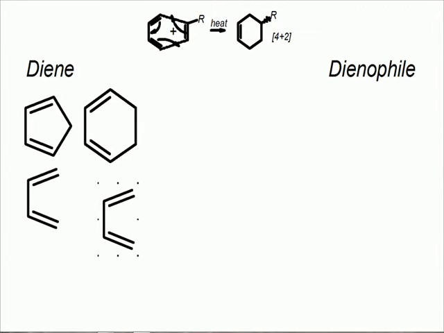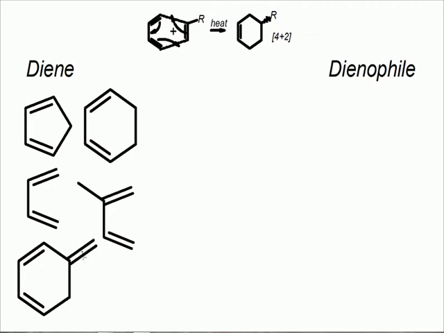Dienes that are not cyclic can be substituted, but as I'll show in a second, you need to be careful about that substitution. Here's another one that's a favorite of mine. Well, I'll get to my ultimate favorite diene in a second. But as you can see here, all of these dienes are pretty much alkyl, or let's say you had this.